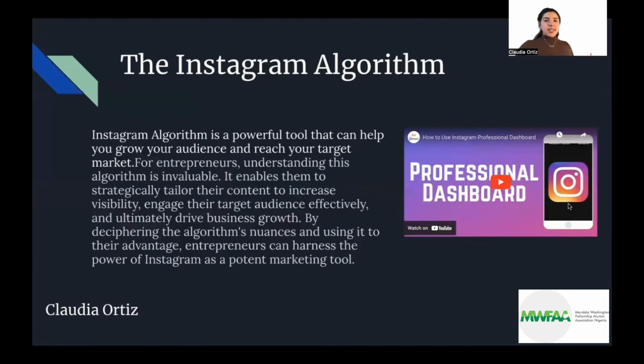So let's first discuss the Instagram algorithm. The Instagram algorithm is a very powerful tool that essentially teaches your Instagram what content to show your user. You as a user on Instagram have a curated Explorer page. So there is content that pops up on your reels.